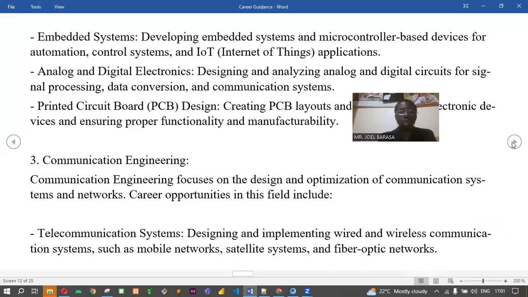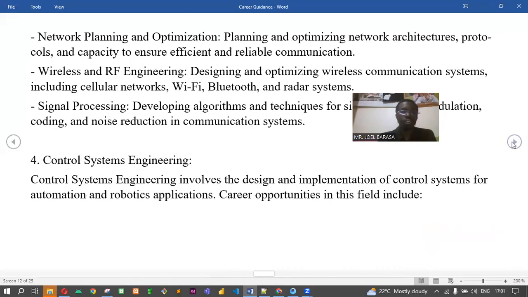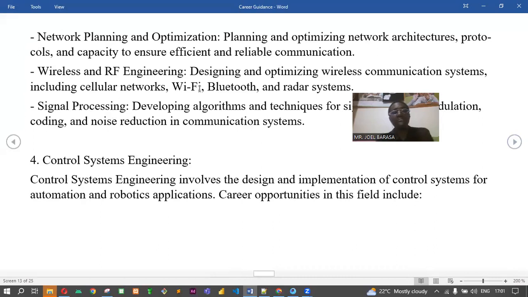So you are a good electrical and electronic engineer. Network planning and optimization. Companies like Ketraco, who deal with the transmission of networks, all of them will absorb you. IPRA, companies like IPRA and so on, you'll fit there, right? Wireless and RF engineers like Bluetooth, radar systems and so on.